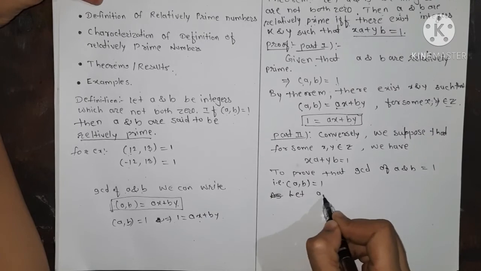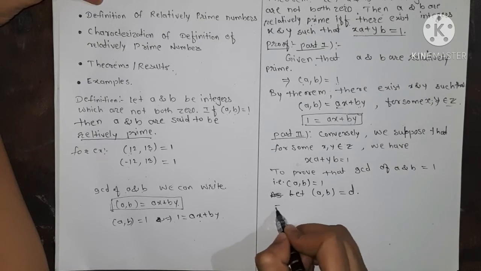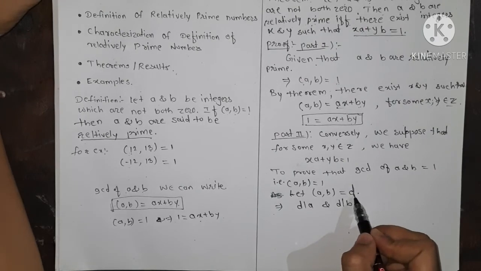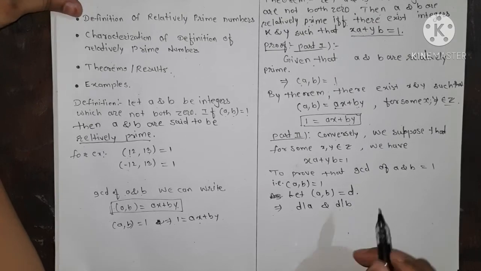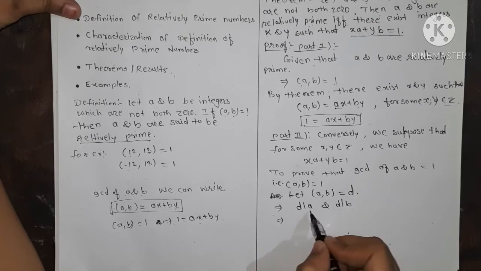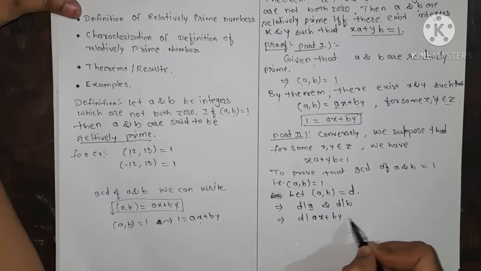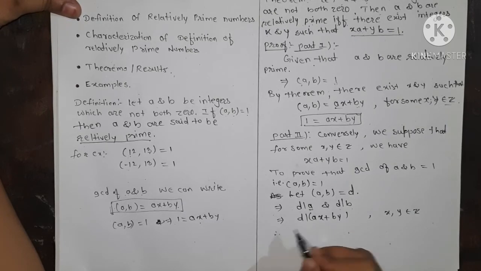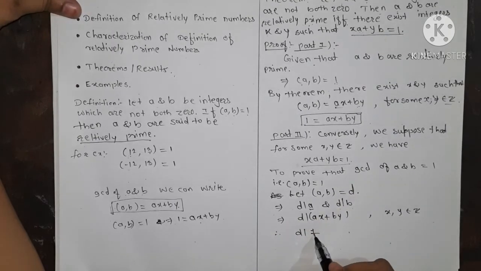We let the GCD of a comma b be equal to d. This implies d divides a and d divides b, because d is a GCD, therefore it is a divisor and hence it divides a and b. So as it divides a and b, it divides the linear combination of a and b. So d divides the linear combination ax plus by, where x comma y belongs to Z. Therefore d divides 1, because ax plus by is given to be equal to 1.